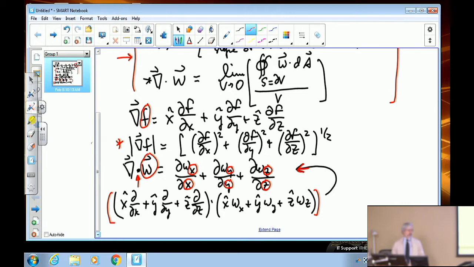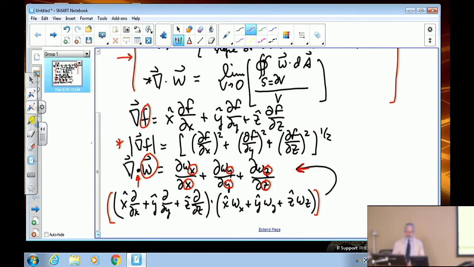So that will distinguish it from the curl, which we haven't considered very much yet. We've read about it, but we haven't done exercises in class. The curl will tell you about how the vector changes perpendicular to itself. Okay? And that will be formed by taking the cross product of the gradient operator with the vector field.